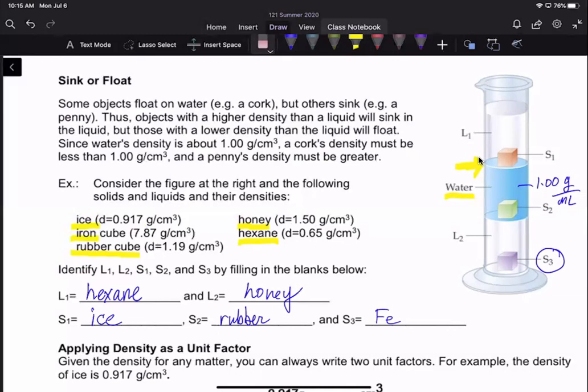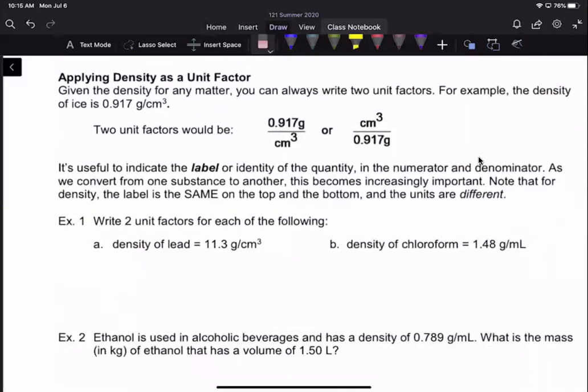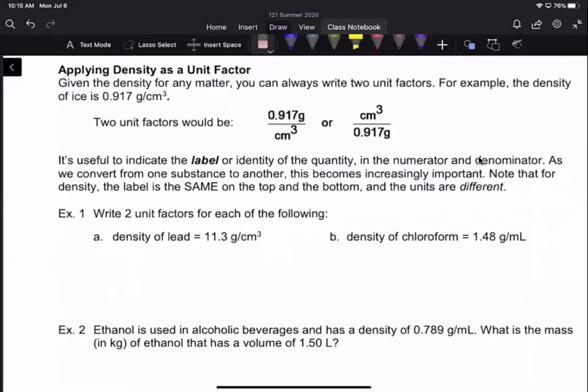Now, when we do calculations, we can use the density as a unit factor as well. So here's our density of ice, and we've written it with a clear numerator and a clear denominator. Remember, you can always put a 1 on the denominator if there's no number, and when we write it in the second form, we could say 1 centimeter cubed must weigh 0.917 grams.